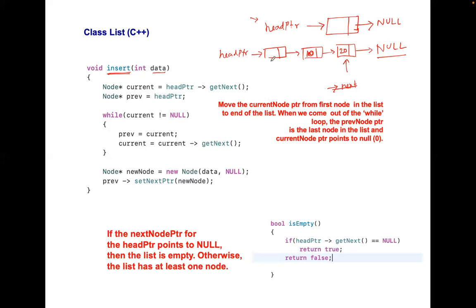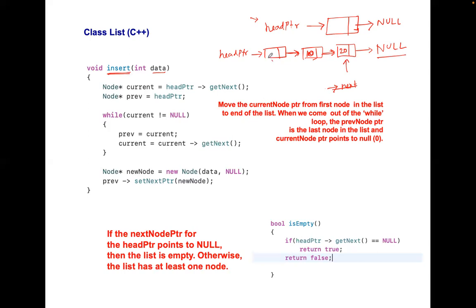From each node we can visit the next node. If I know the address of this node, I can access the next node by using this pointer. That's how I can traverse the whole list, but I have to start from the head pointer.